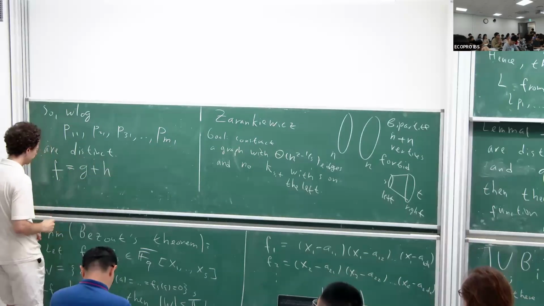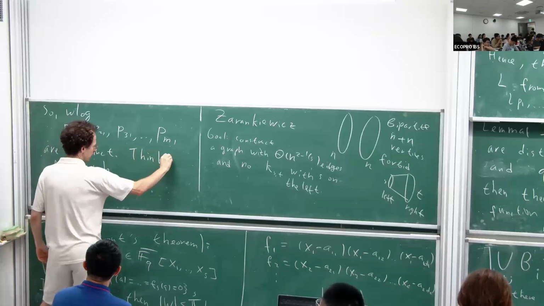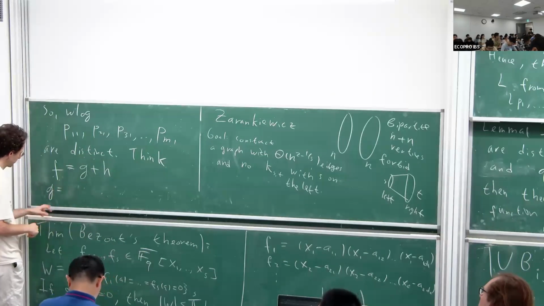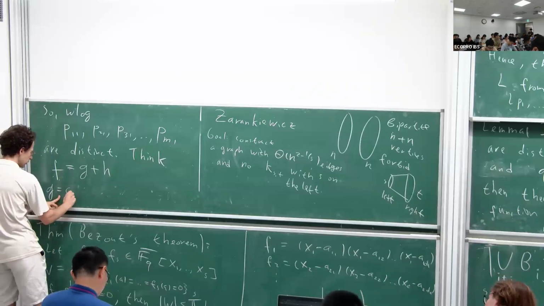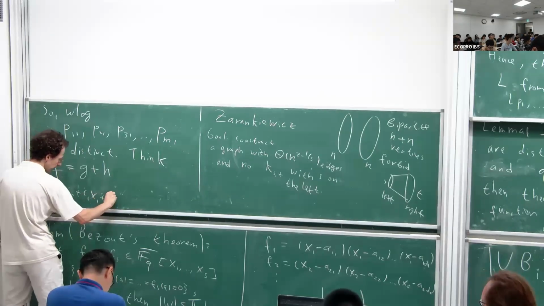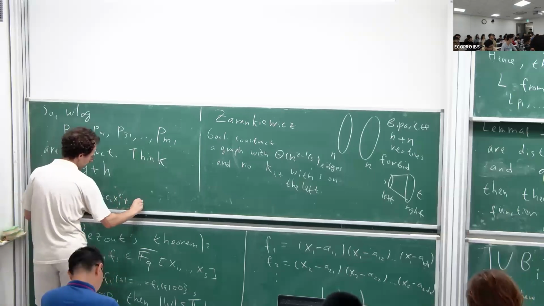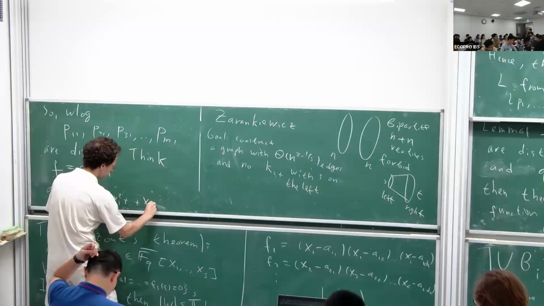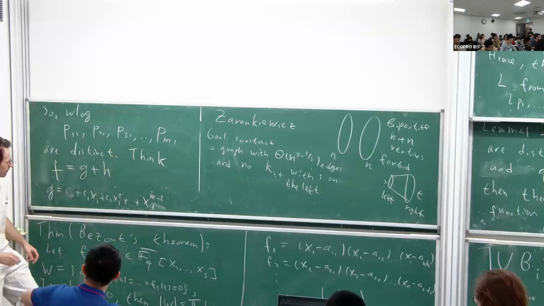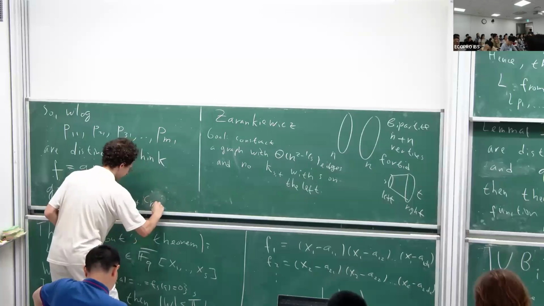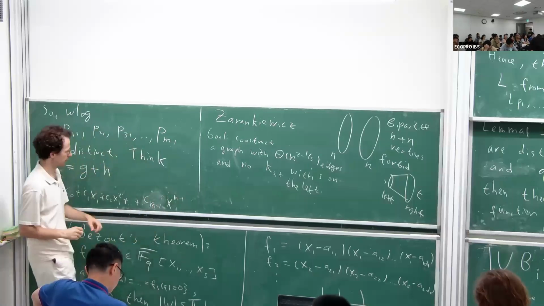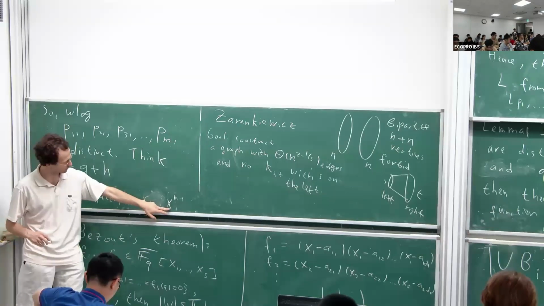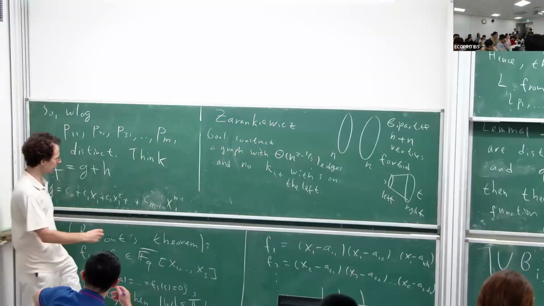We shall call them G and H, where G consists of the constant term, the linear term in x1, the quadratic term in x1, and so on, up to x1 to the m minus 1. So these are the terms in powers of x1 up to m minus 1, and H is the rest of the polynomial.